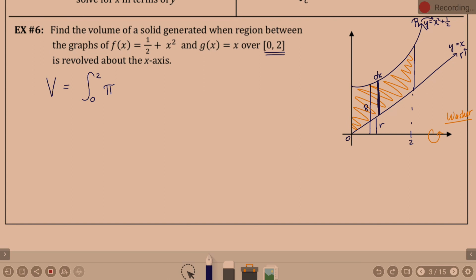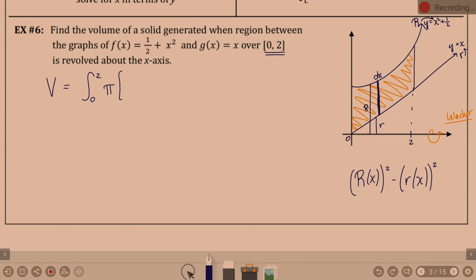Okay. Now, bracket, parentheses, something. Remember when we do this setup? The setup is big R squared minus little r squared. What's big R? What's our farthest away function?